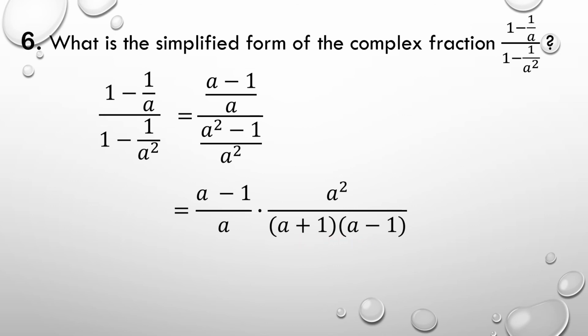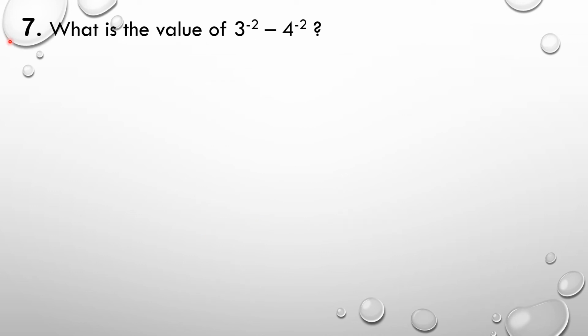Now let us do cancellation. A minus 1 over a minus 1 is 1. A squared over a is a. Hence, the final answer is a over a plus 1. That is letter D.